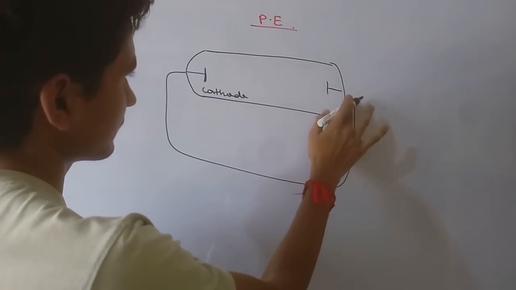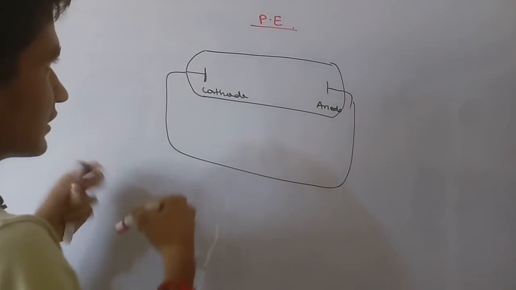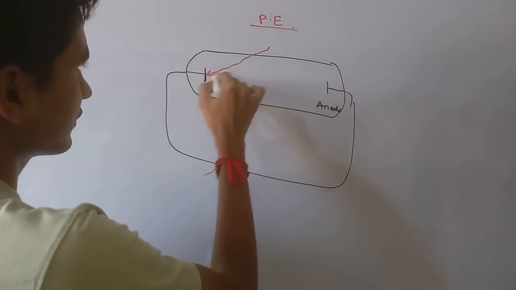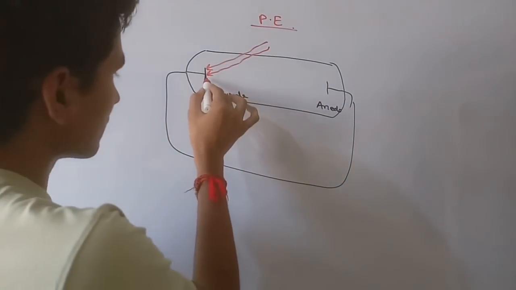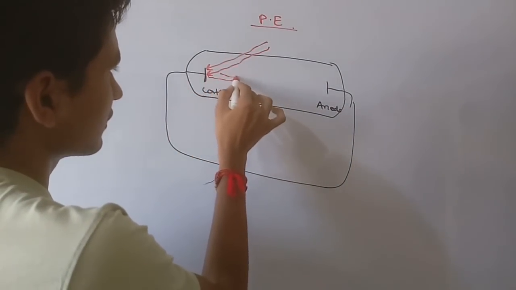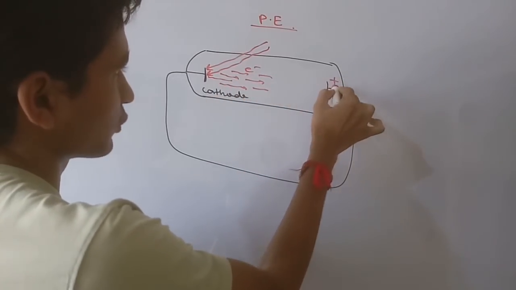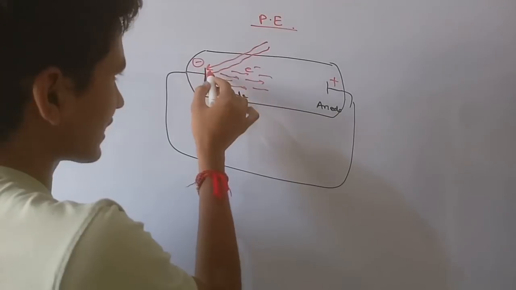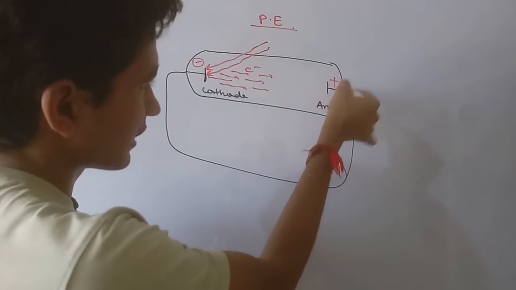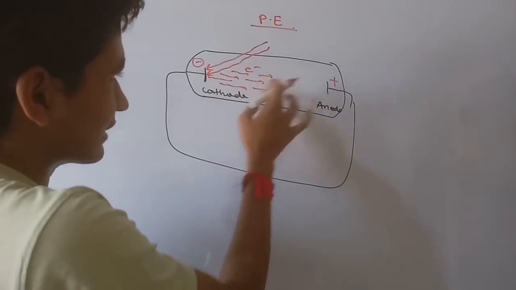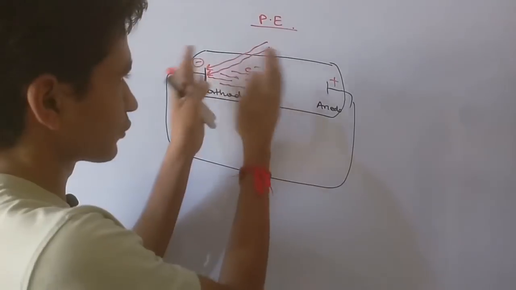When we give a particular radiation here, suppose UV radiation, the electrons will be excited from the cathode and will move towards the anode, because the anode is positive and the cathode is negative. Electrons are excited from this cathode, move towards the anode, and this will produce current. So this is the basic idea about the photoelectric effect.